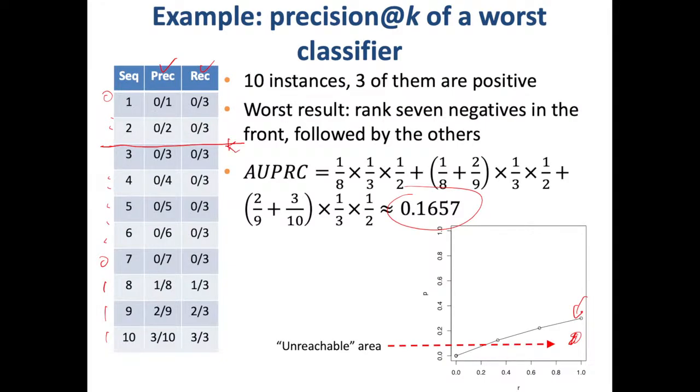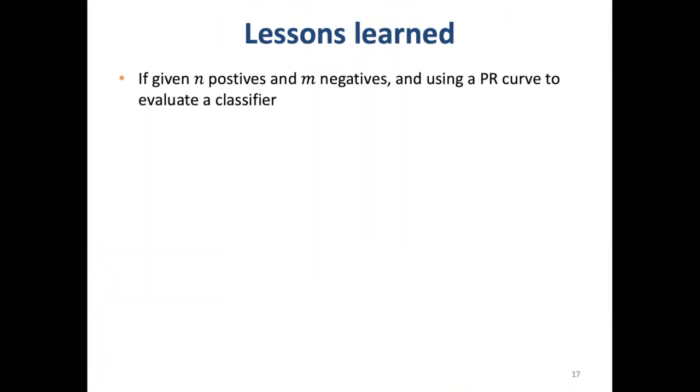This is k. For P at 2 here, I claim the first 2 as positive, all the others as negative. And what's the precision in that situation? For a perfect classifier, the precision at k is n divided by k.